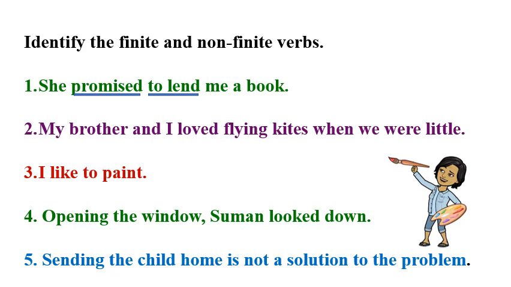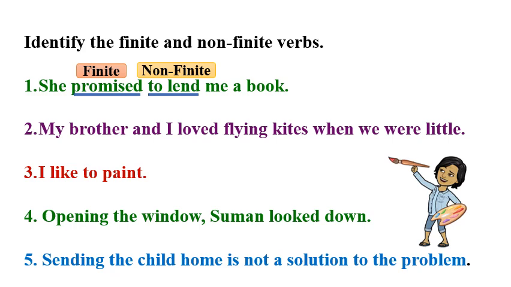It has also changed its form from promise to promised to show that this sentence is in the past tense. So this is a finite verb. But the verb to lend does not show the tense, and it also does not appear right after a subject. It has appeared after another verb. So it is a non-finite verb.